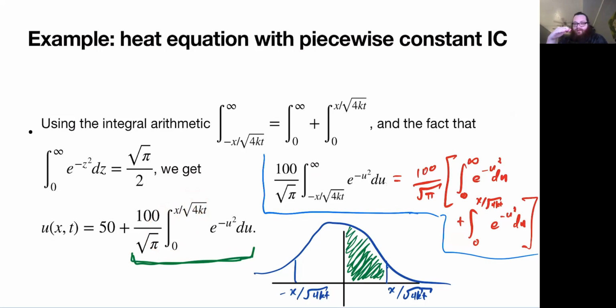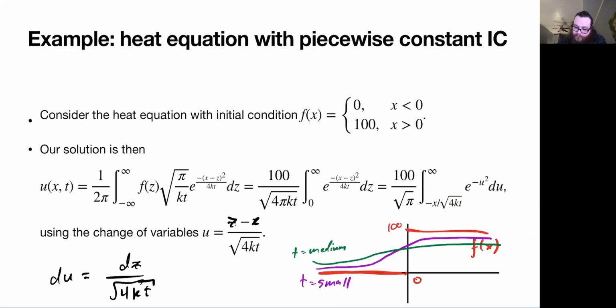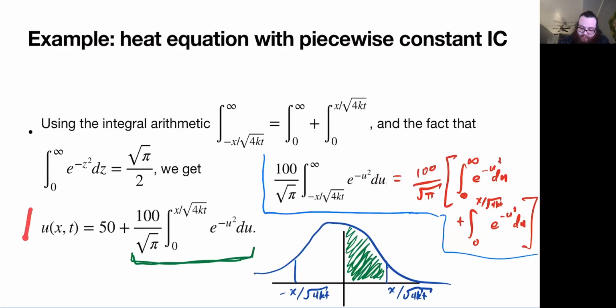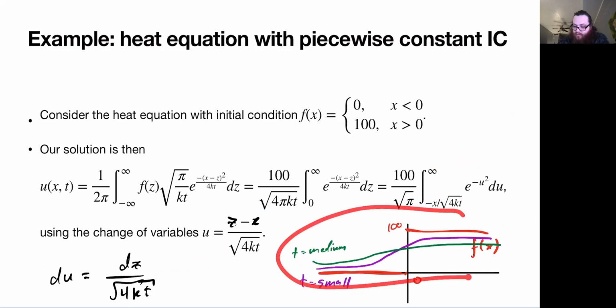So you're going to be at 50, and then you're going to subtract whatever contribution you're getting here. But anyways, I guess the conclusion would be this solution, as you vary x and t, matches with what we might expect to actually happen for this kind of piecewise constant initial condition.